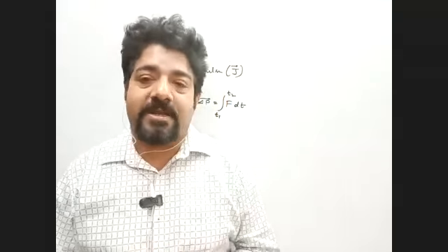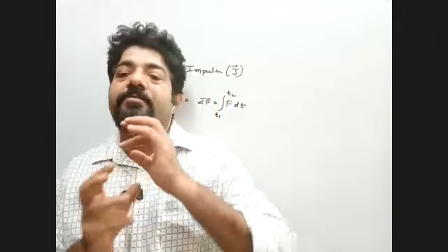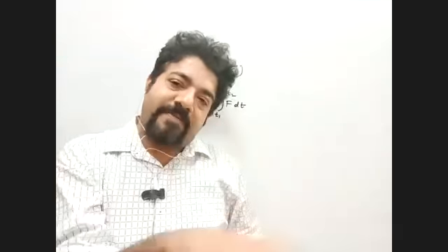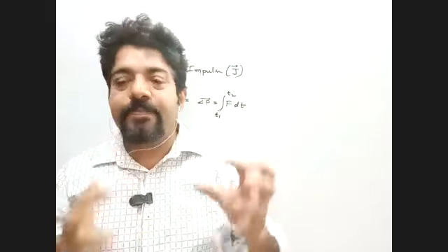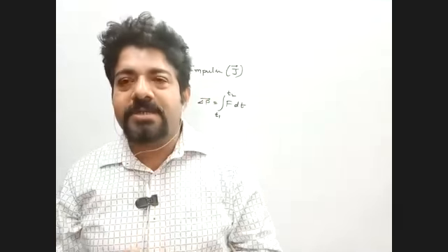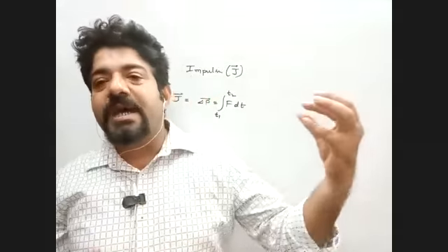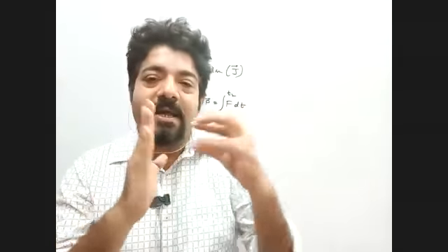Suppose Shoaib Akhtar is bowling, and the ball comes towards the stumps with a speed of 150 kilometres per hour. The mass of the ball is also there, suppose half a kilo. Now Sachin Tendulkar hits that ball with the bat. So the ball came, hit the bat, and then it changed its direction.